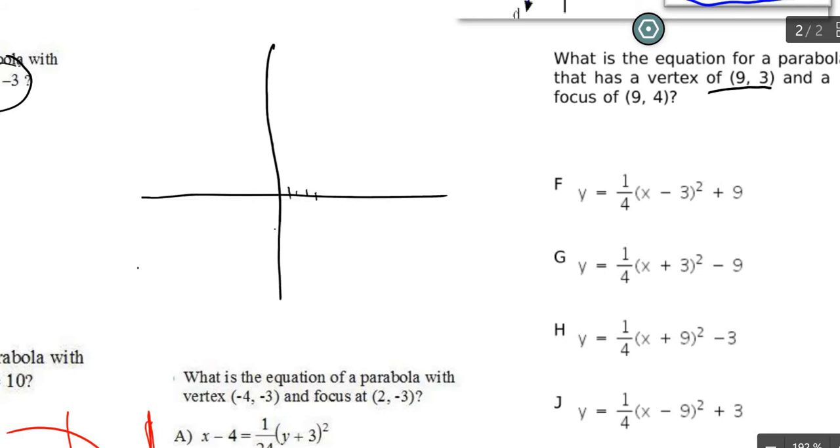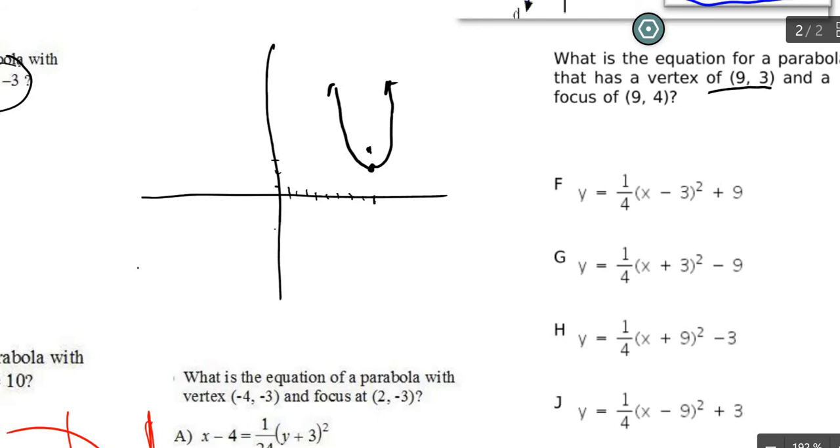That is the vertex. And the focus is 9,4. Focus is over here. We know that a parabola needs to wrap around its focus. So this is the vertex, this is the focus. It's going to look like this. It's going to be facing up, and that's a vertical parabola.